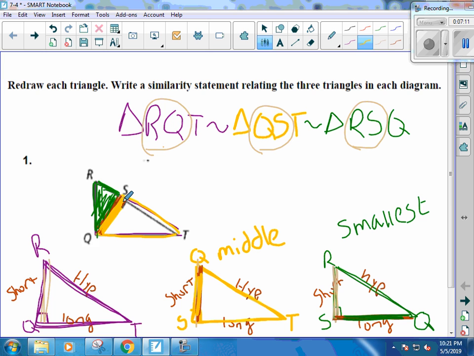And one more thing to point out. The leg of the big triangle altogether, R to Q, this leg right here, is the hypotenuse. So we can derive that the leg Q to T, which is part of that middle-sized triangle, is the hypotenuse of the middle triangle.